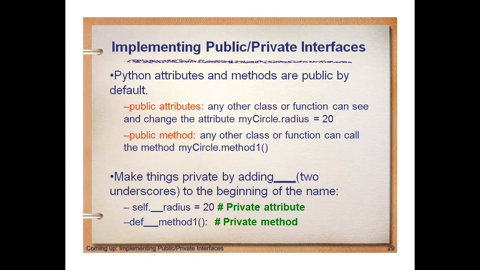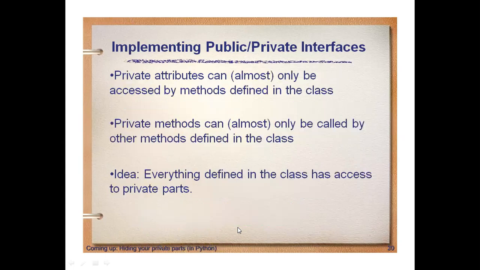Make things private by adding two underscores to the beginning of the name. So self.__radius = 20, and def __method1. This means it's a private attribute and a private method. Now, can I access it? If yes, how? If not, why?